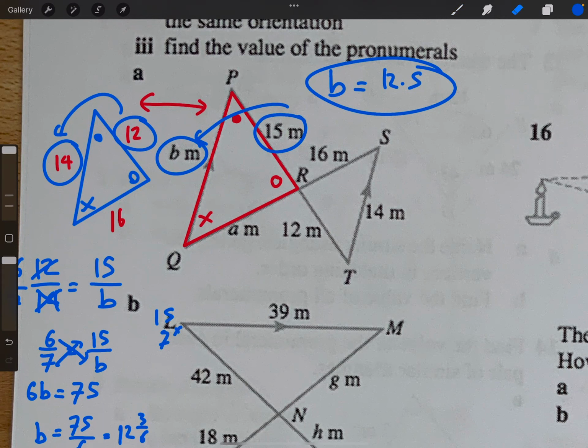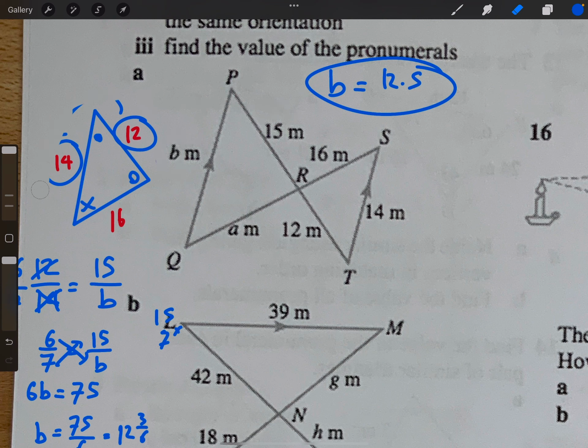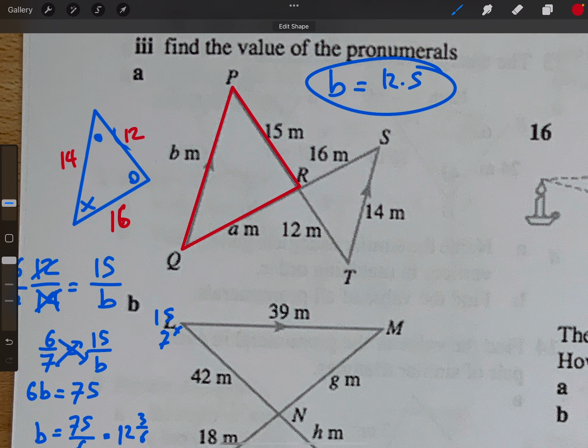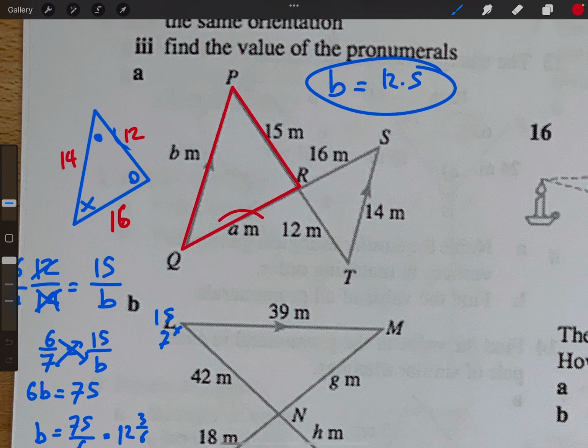Let me just rub all this stuff out. Okay. Now I'm comparing it to this triangle here. So I can say, for example, A over 15 is equal to 16 over 12.